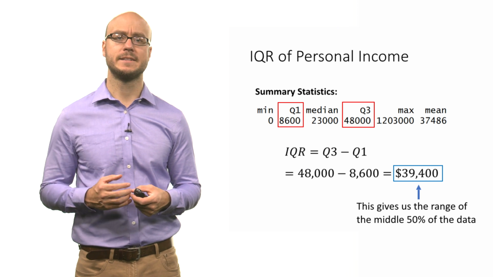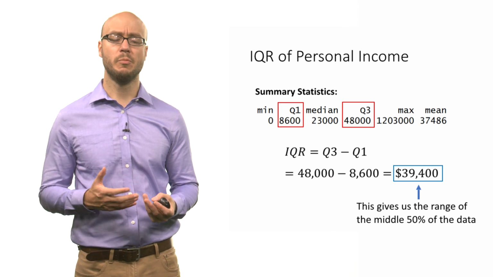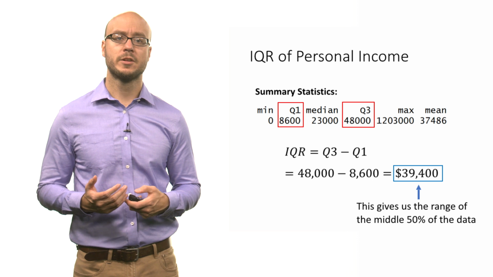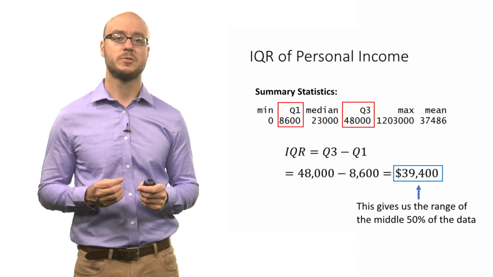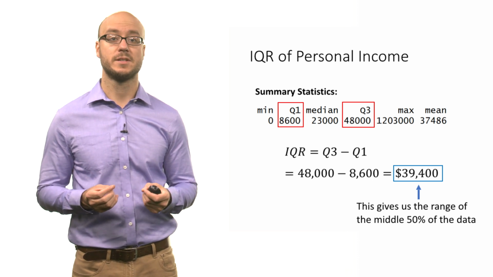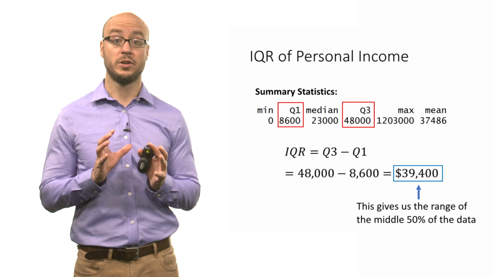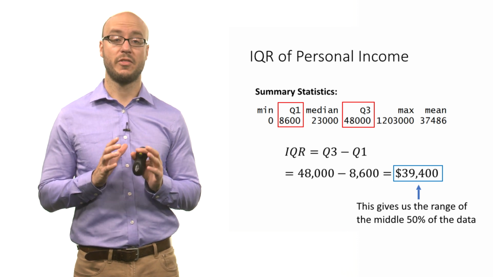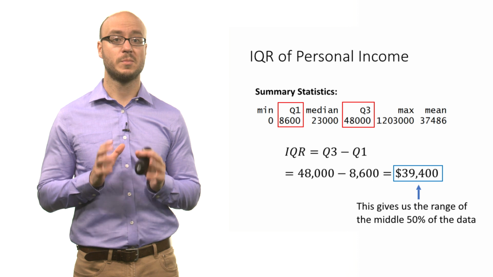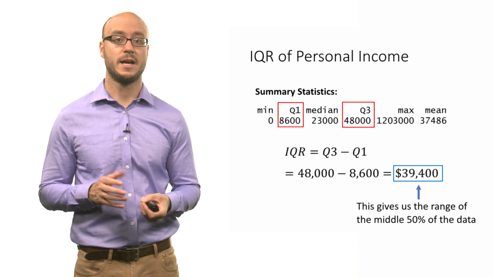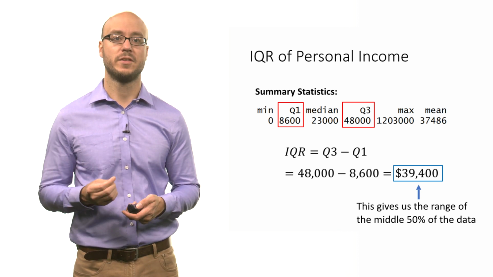So let's look at our data set and calculate the interquartile range and compare it with the range. The interquartile range is simply the difference between the 75th percentile and the 25th percentile. So to put it another way, we're trying to find the difference between the third quartile and the first quartile. Remember, the third quartile is the 75th percentile and the first quartile is the 25th percentile.